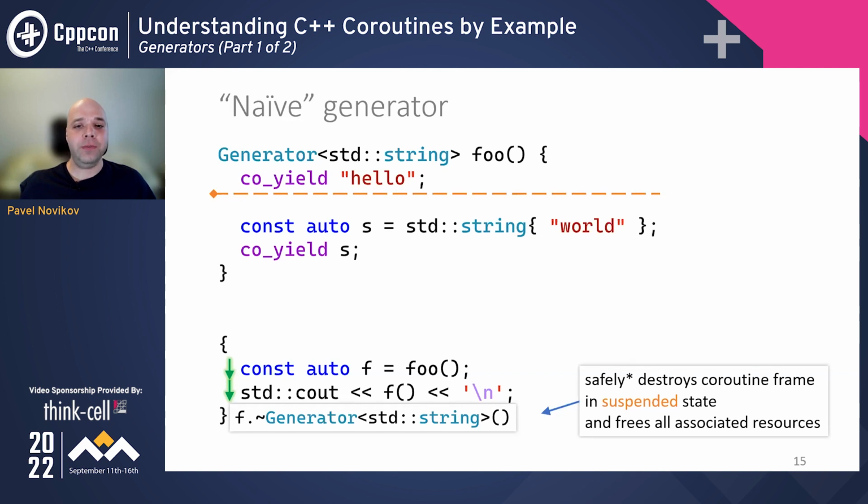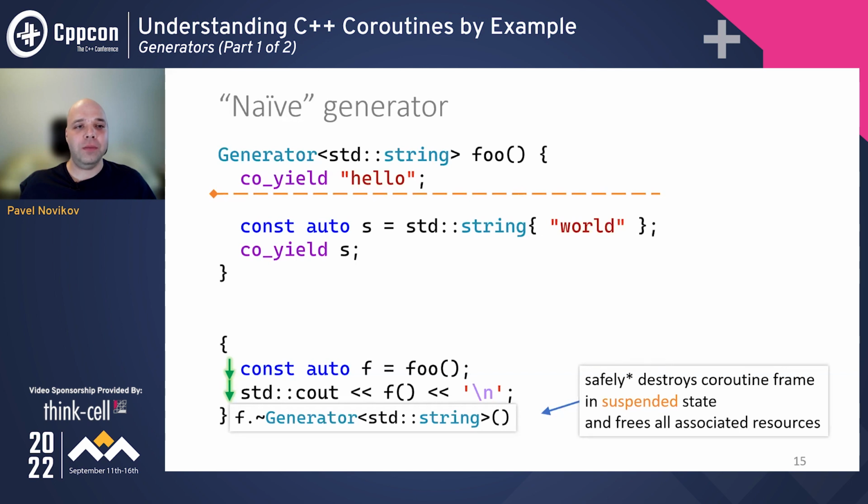And it is safe to destroy the coroutine in suspended state, in which case all the resources will be freed, as long as inside the coroutine you use something like RAII style resource management, so that all the appropriate destructors will be called and will free resources.